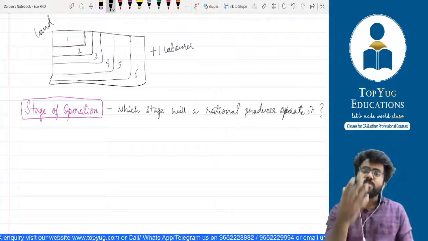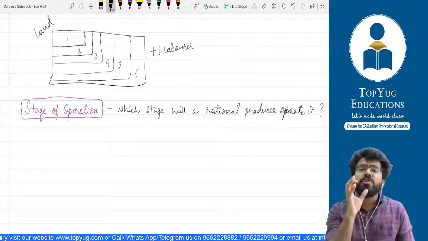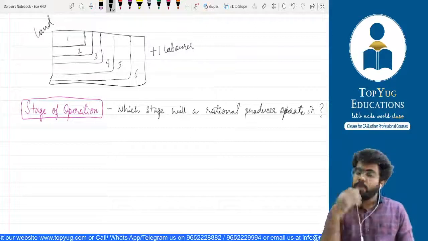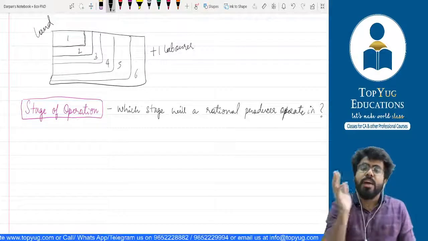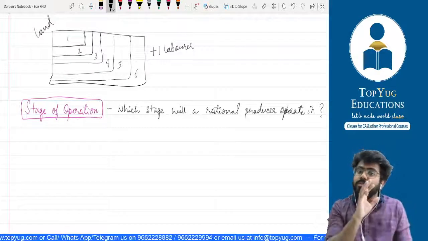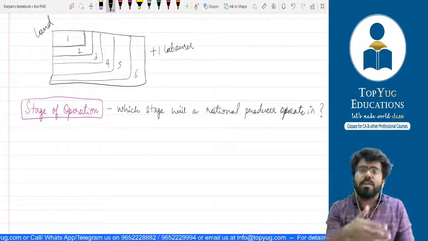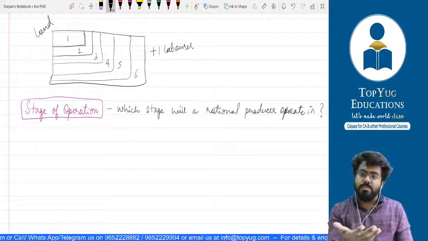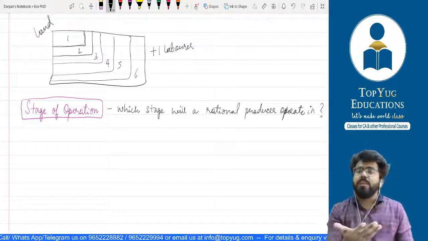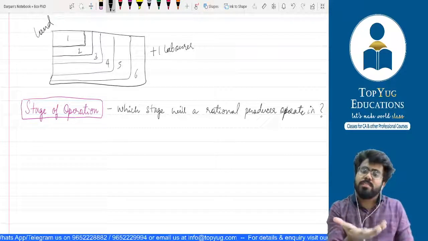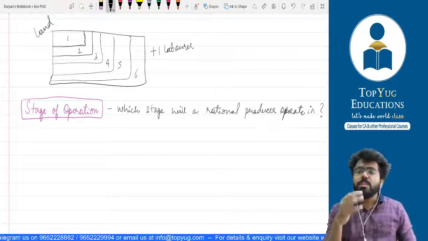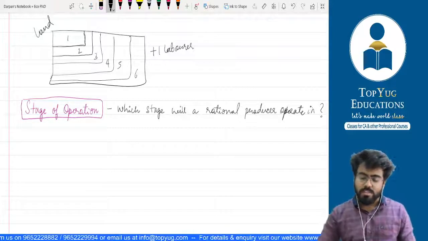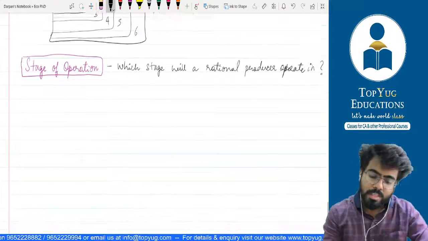The optimum stage in which I will operate will be stage 2. It will not be stage 3 because the total product is negative there. It will not be stage 1 either, because in stage 1 the machinery is still underutilized. In stage 2 the machinery is fully utilized. So I will operate in stage 2.